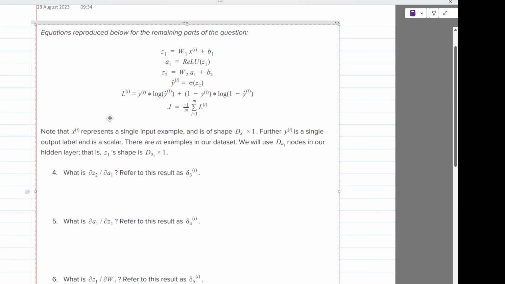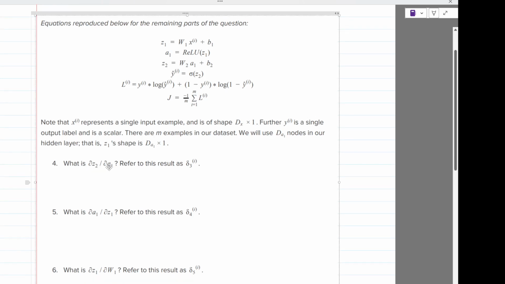So the same setup. Note that 4, 5, 6. Note that xi represents a single input example and is of shape dx. What is del z2 by del a1?